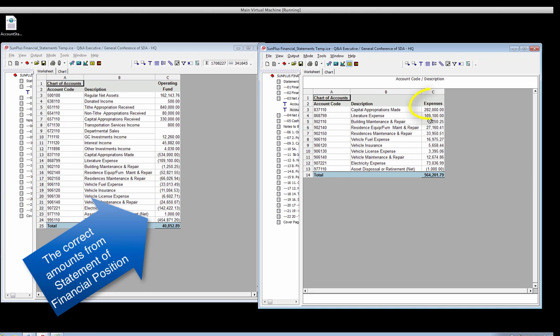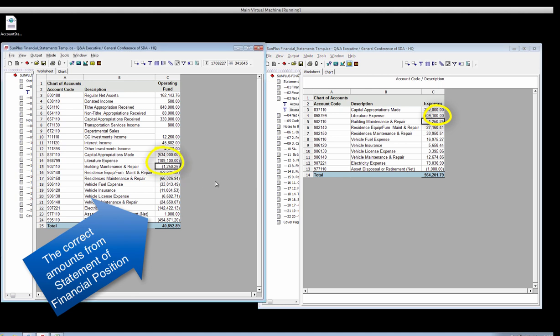Literature evangelist $109,100. Literature expense $109,100. This one that we had problems with is $534. That's very interesting. Building maintenance and repair is $1,250.25, and building maintenance repair $1,225, and residence equipment $902,140.